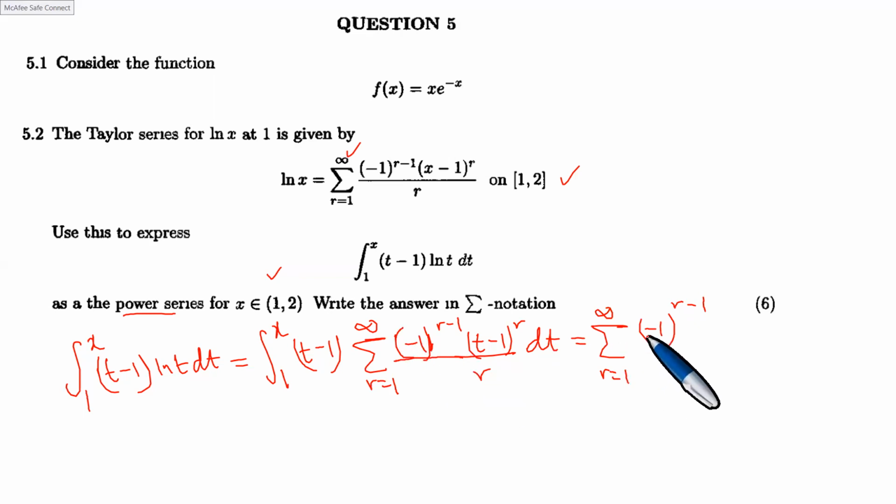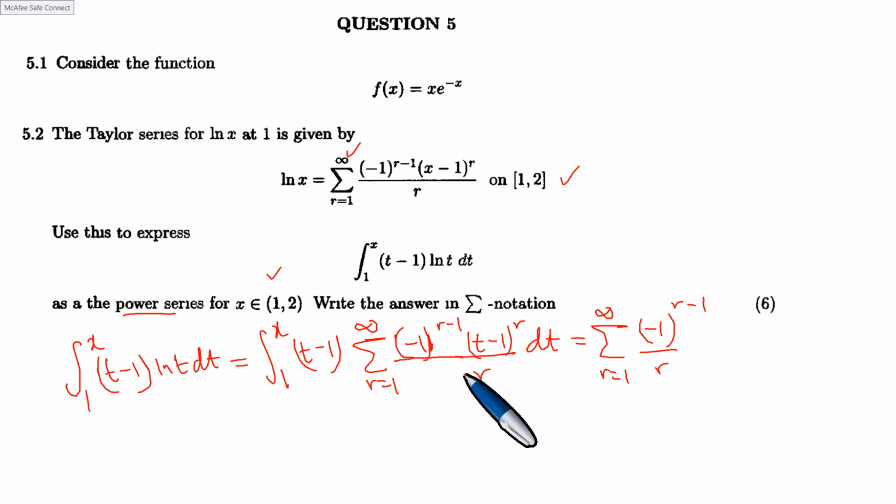Right. You pull out the summation. And then this is dt. The only thing you can pull out is the r. So the r is out, the r in the denominator.